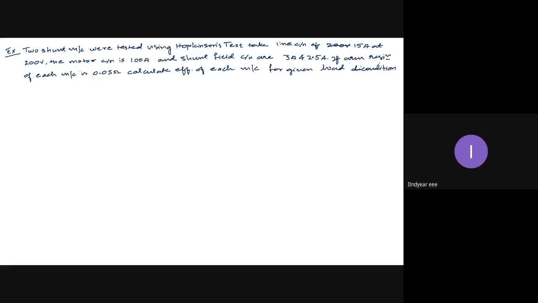Given load condition means with the currents whatever it is taking now. So those currents we have to consider.